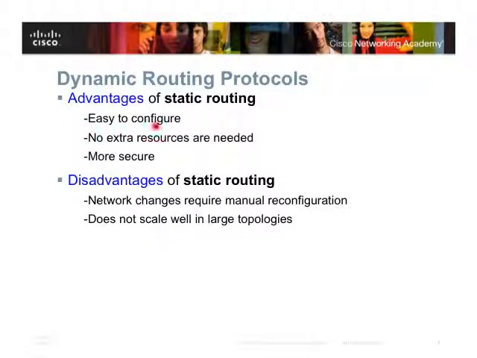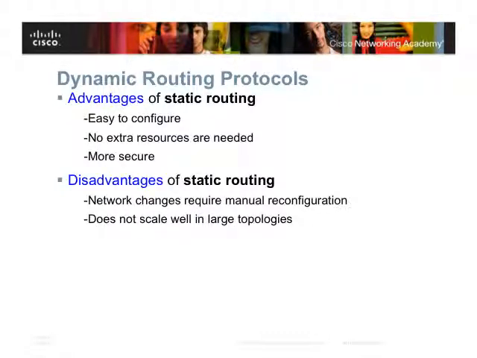But for static routing protocols, there are no messages exchanged. So the only one who can access these routers is the network administrator. Therefore, if there is any eavesdropper, he or she will not be able to listen to anything because there are no messages exchanged. So no one can actually collect information about the network topology. Therefore, static routing protocols are more secure.